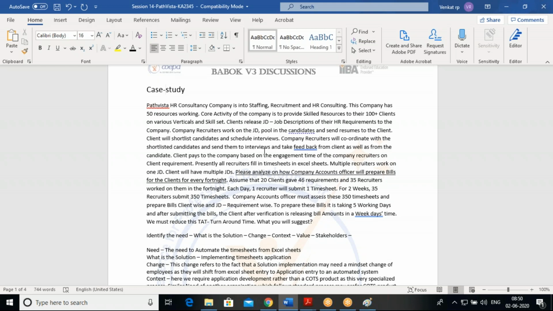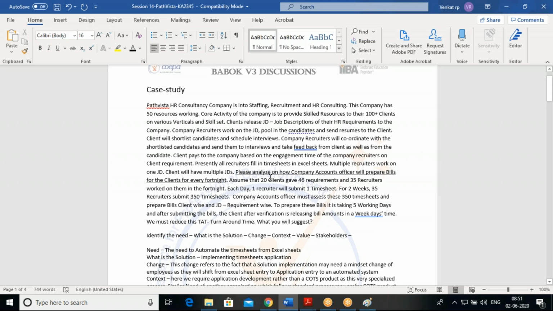The first one is job description, the second is timesheet, the third is contribution in timesheets, meaning for each JD how much time they have contributed, and then invoices. The major challenge is that preparing an invoice takes 5 days, so we have to minimize it.